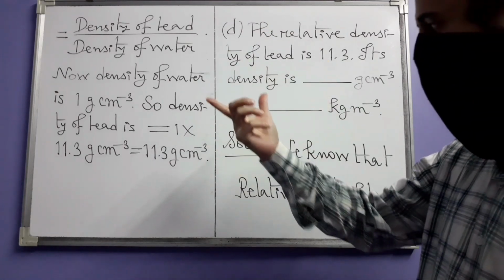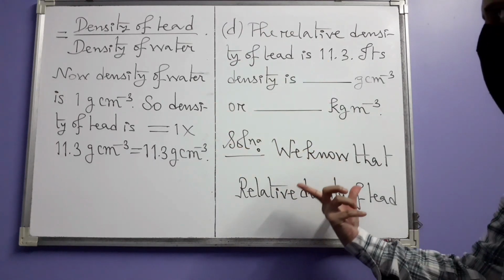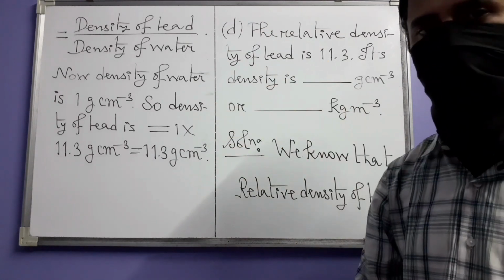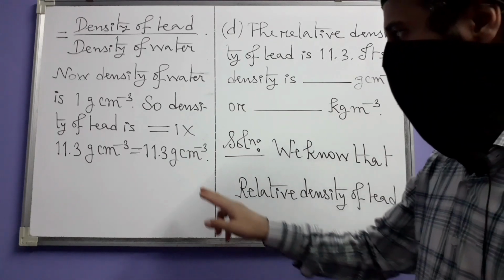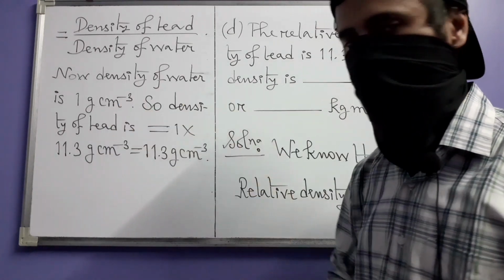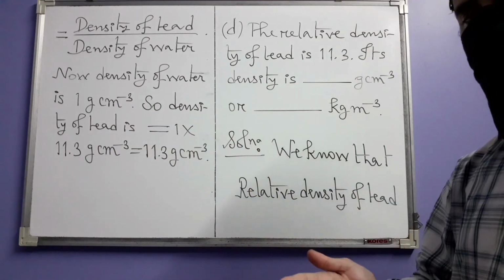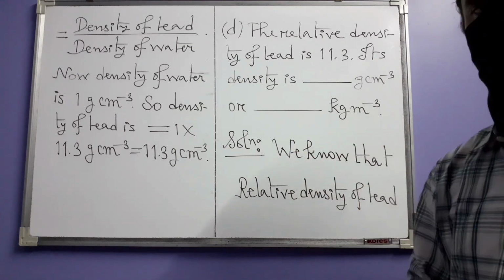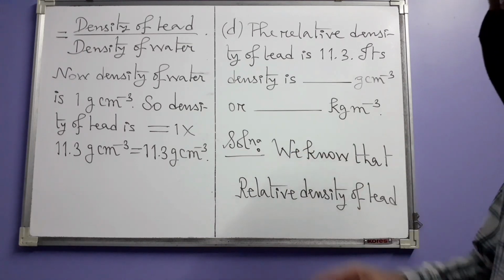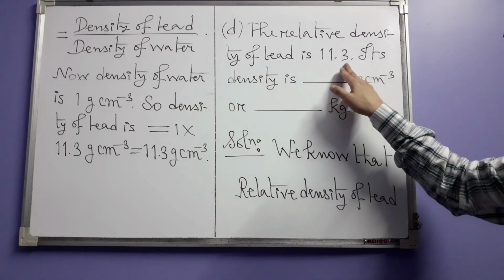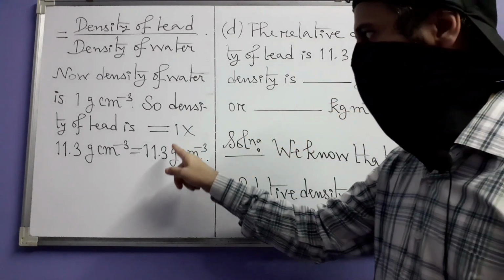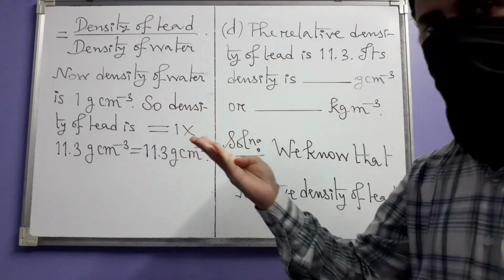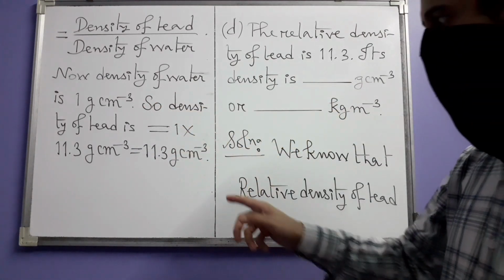Density of lead would be relative density of lead times density of water. If you are using this unit for density of water, in that unit only you will get density of lead. So relative density of lead is given to be 11.3 and density of water is 1 gram per cubic centimeter.